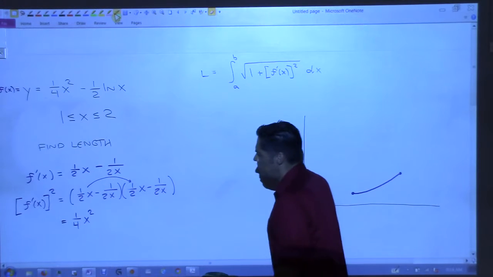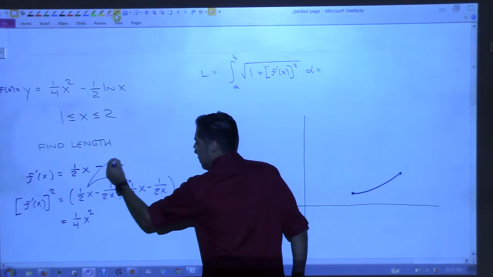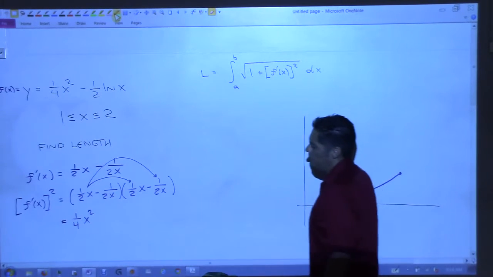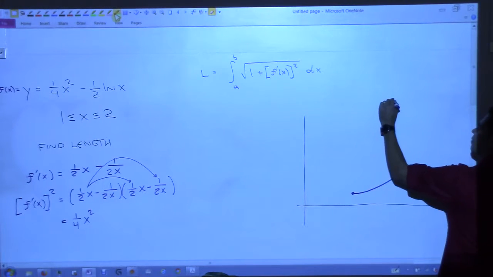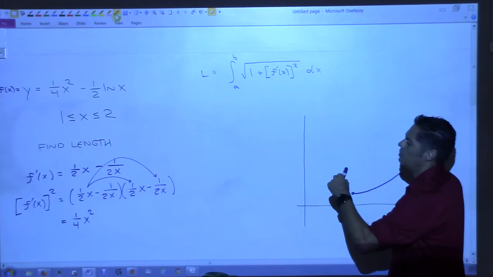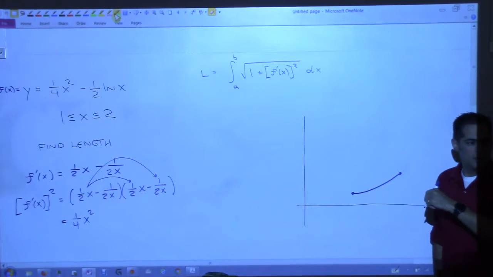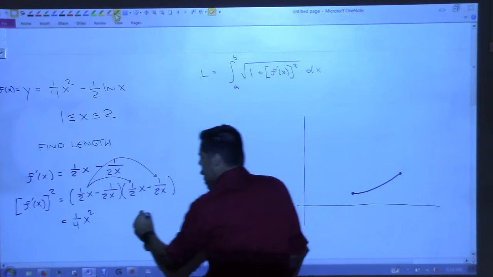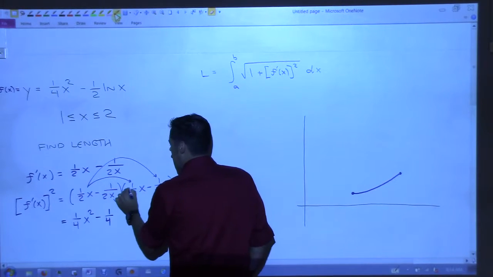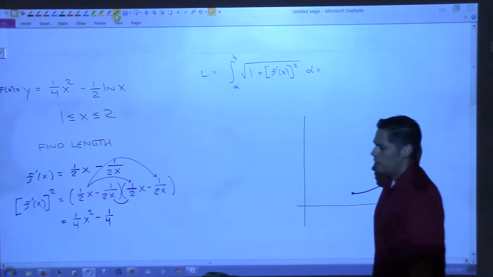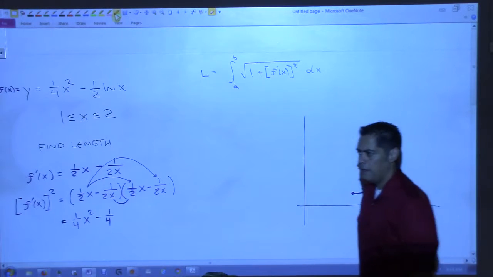Okay, now look at the middle terms. This is kind of interesting what happens here. You're doing 1/2 x times negative 1/(2x). The x's cancel, and the halves multiply, don't they? So that just gives you negative 1/4. And then we'll have the same thing on the inside, won't we? The x's cancel, so we get minus 1/4 again.